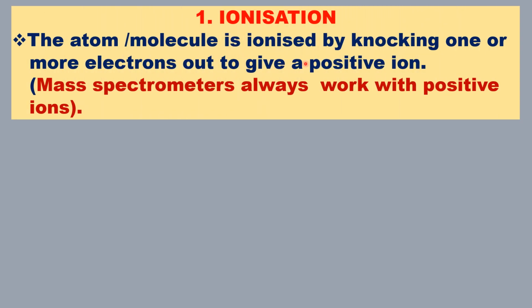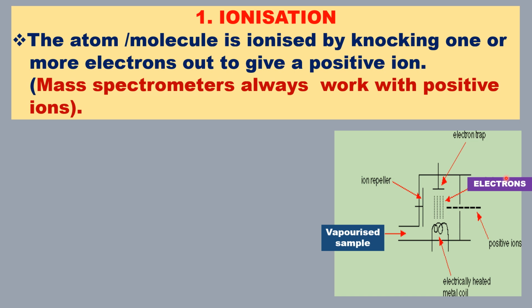Okay, let us first study the ionization chamber. What is the role of ionization chamber? Okay, so this is the ionization chamber. The vaporized sample is injected through this. Okay, and here there are high energetic beam of electrons. When the vaporized organic sample is allowed to pass through this, they meet with the high energetic electron beams.